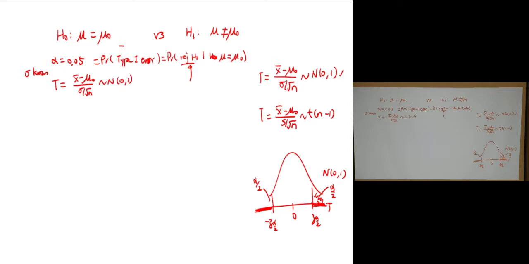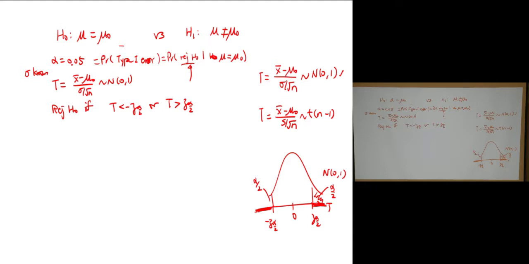So our decision rule is to reject H naught if the test statistic is less than negative Z alpha over 2 or bigger than Z alpha over 2. We get the data, compute the X bar, then compute the test statistic, and check whether it falls here or here, then we reject. If it falls somewhere here, we do not reject. This is called the critical value approach or critical region approach.